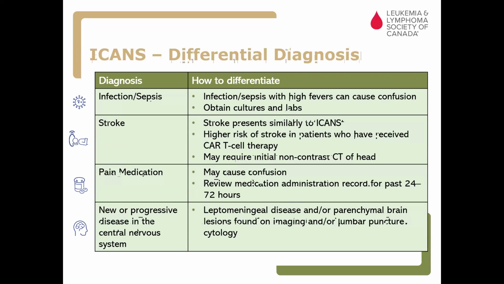And this is again to not mask any symptoms of ICANS that may be caused by the medication. Another diagnosis that must be ruled out is any new or progressive disease in the central nervous system. And these can mimic symptoms of ICANS and should be further evaluated through imaging or a lumbar puncture and cytology.